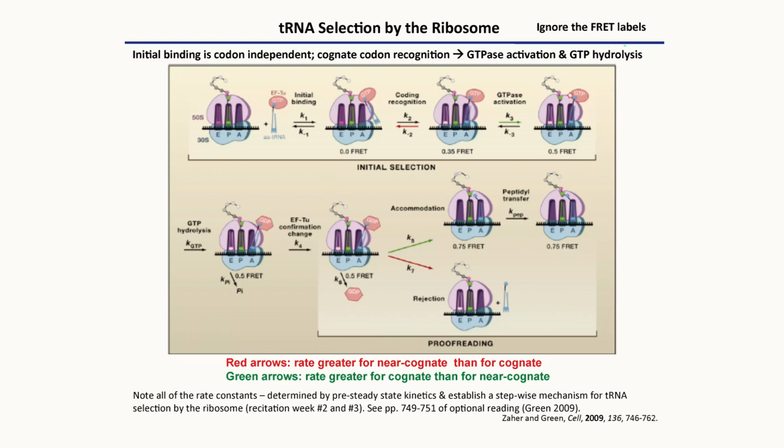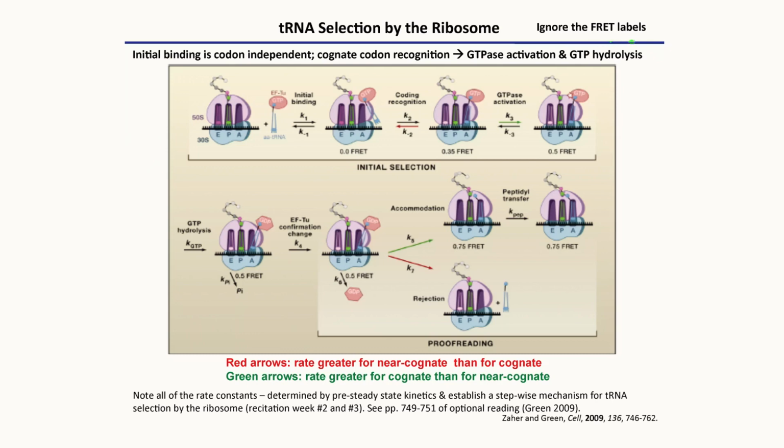Basically, the key point to keep in mind, and that I'd like to stress from what was just said on the prior slide, is that conformational changes are coupled to these rapid chemical steps, and the chemical steps are irreversible, this GTP hydrolysis.